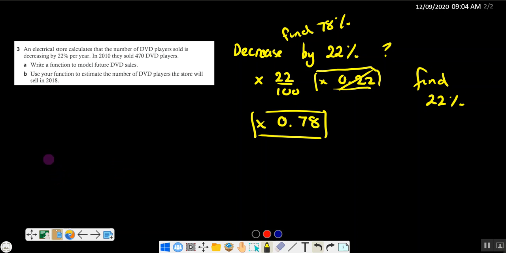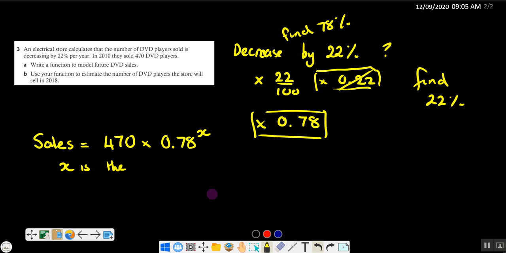So sales is equal to the initial value, 470, multiplied by 0.78 to the power of x.